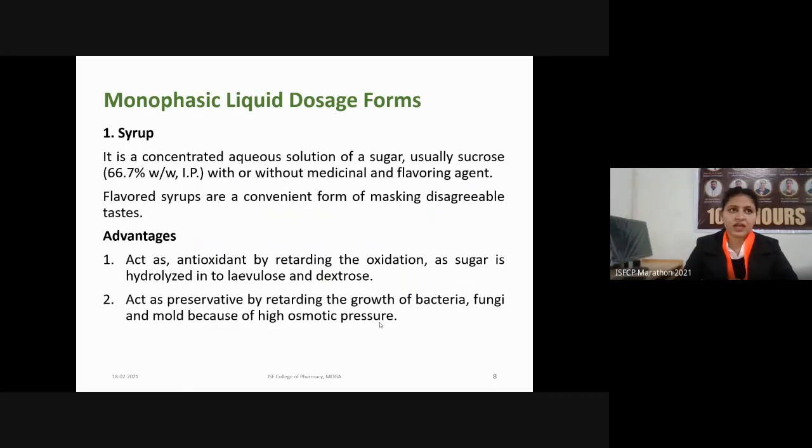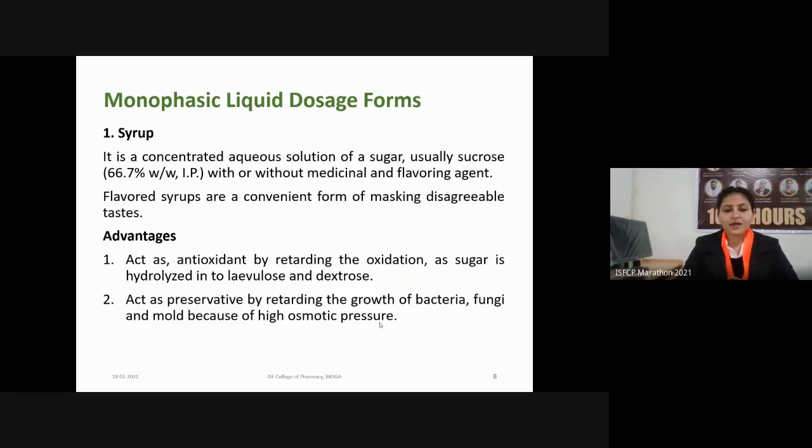The advantages of the syrups are they can act as an antioxidant by retarding the oxidation, such as sugar is hydrolyzed into levulose and dextrose.